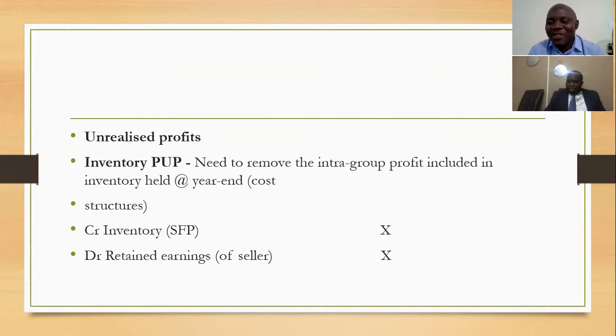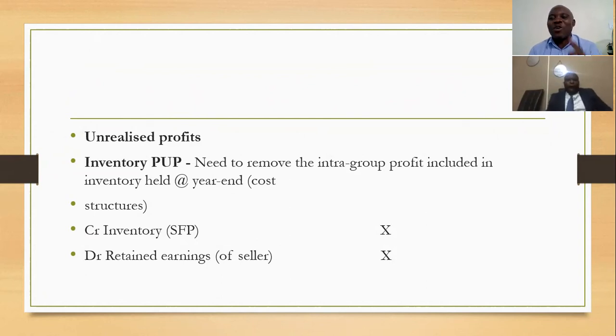You buy those fritters, those sweet potatoes, fried, at a premium. But if you haven't sold those fritters to your friends, meaning that there is an intra-group profit which needs to be removed.